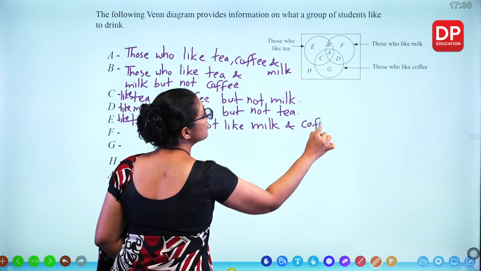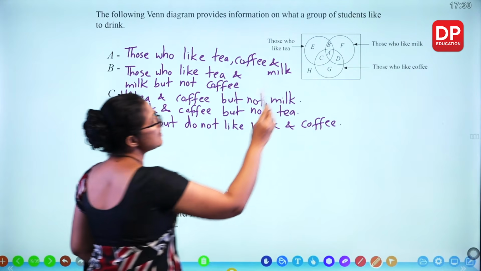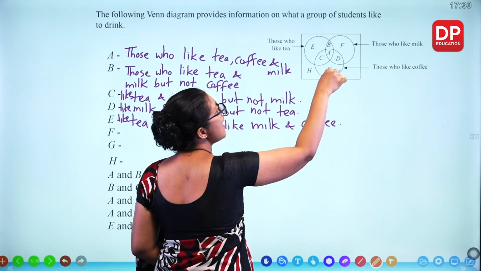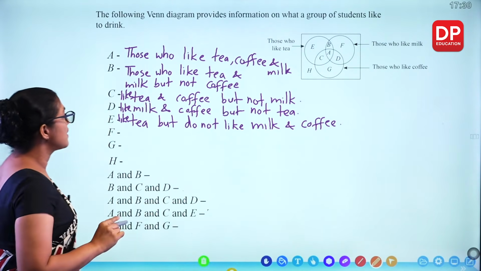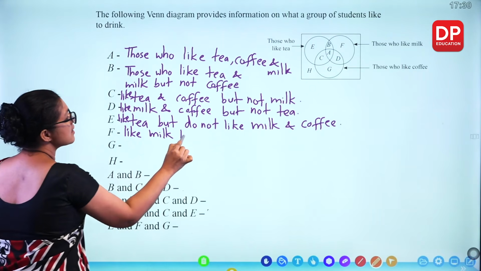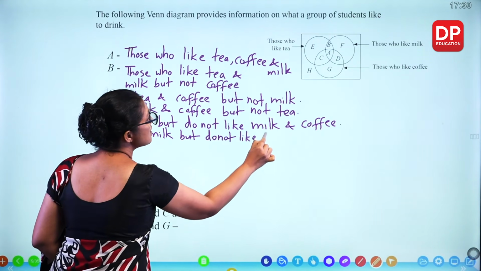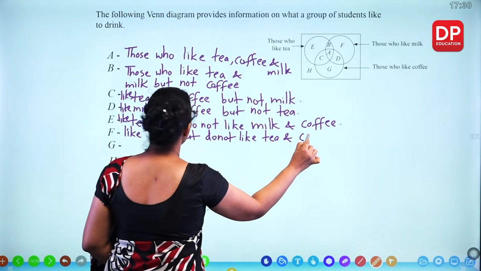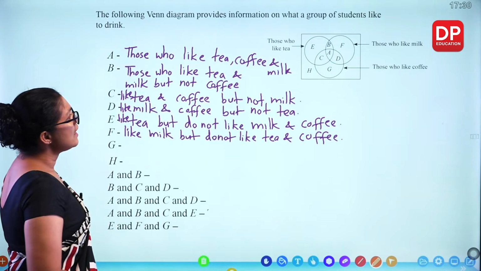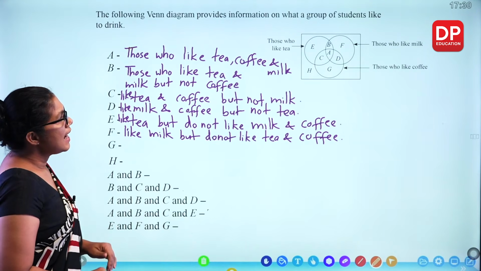F is outside these two. F is they don't like tea and coffee, but they like milk. Like milk but do not like tea and coffee. G region is outside tea and milk.